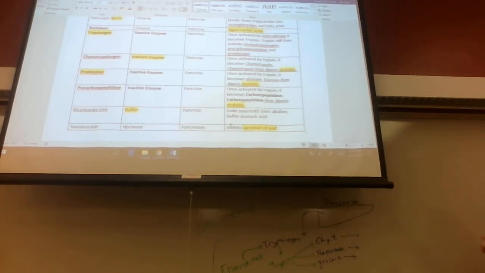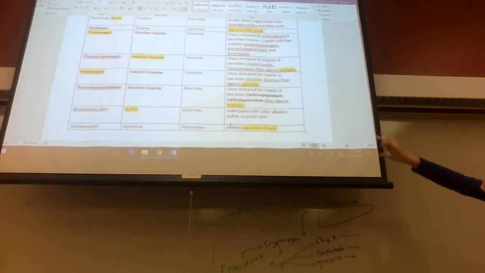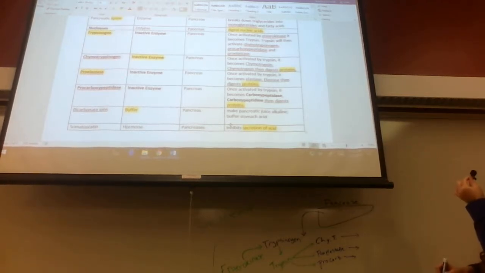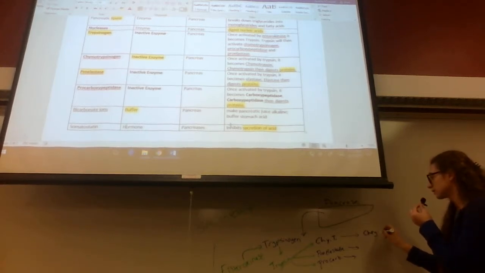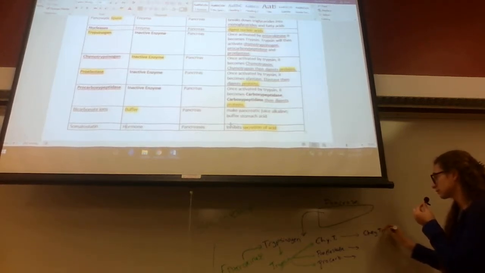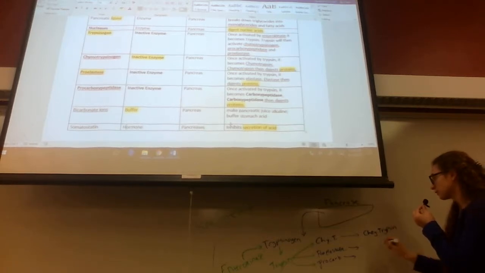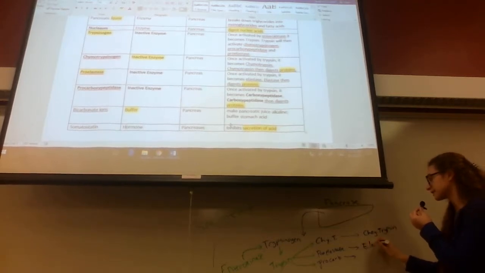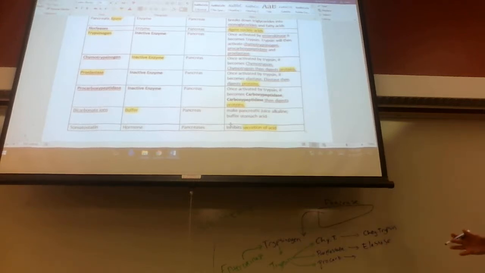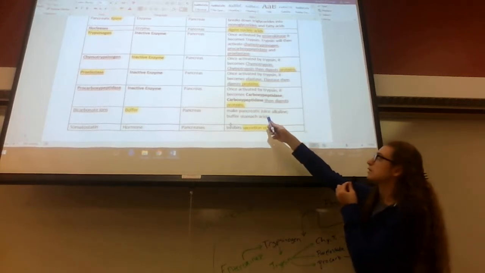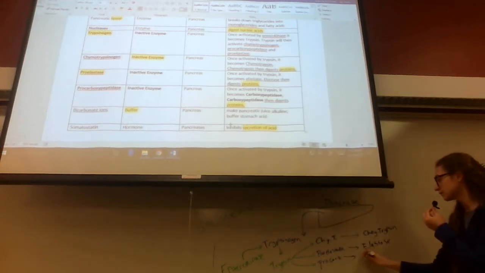And when they are activated, they're called something different, which is what we just ran through, right? Chymotrypsinogen turns into chymotrypsin. Proelastase turns into elastase. And procarboxypeptidase will then turn into just carboxypeptidase.